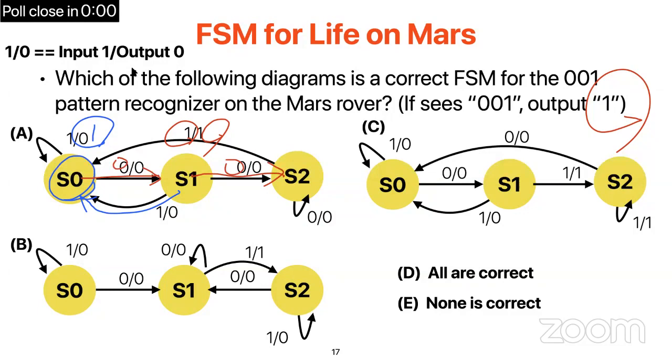And I think the second most popular answer is C, because some of you probably were not aware of this difference. I don't see how this one would be right.